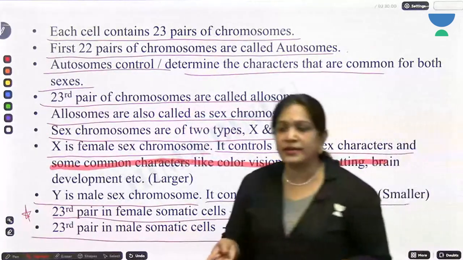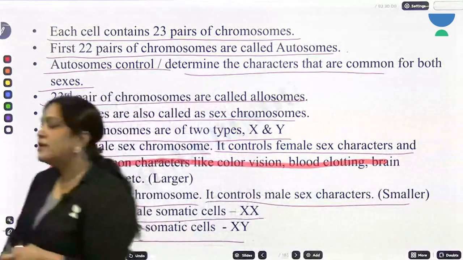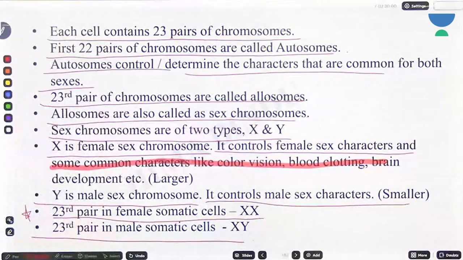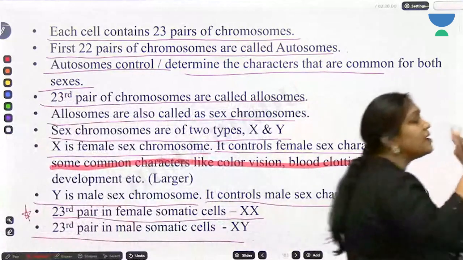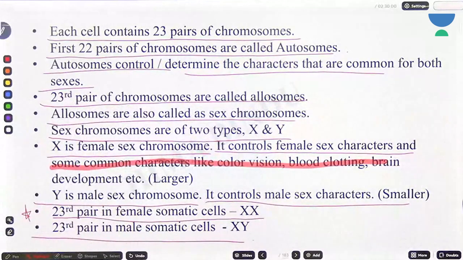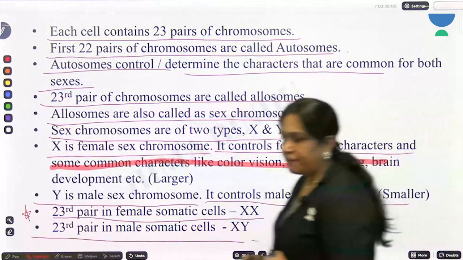Blood clotting, I mean, if you get wounded, after 2-3 minutes your blood will clot. That is because of some genes present on the X chromosome. And brain development is also to some extent controlled by the X chromosome. Not only the X chromosome, but the X chromosome will also control brain development.